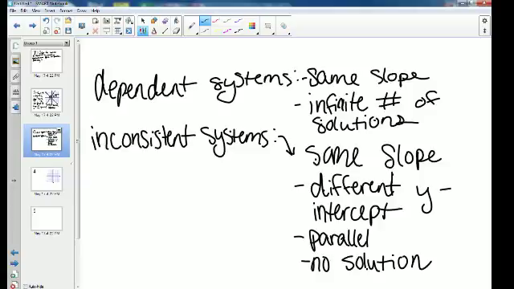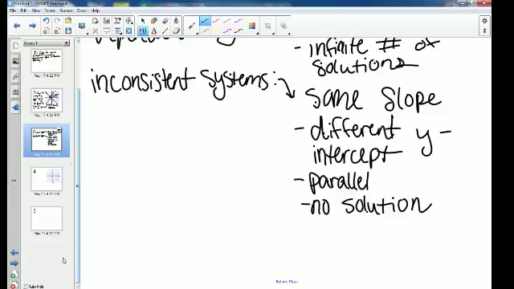Independent systems are like the first example I just went over.